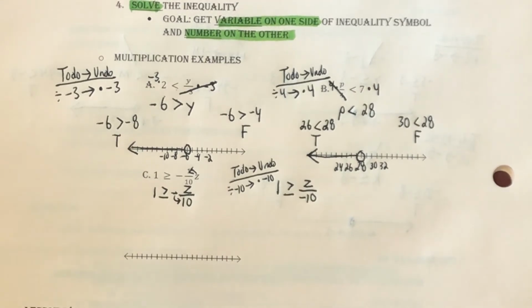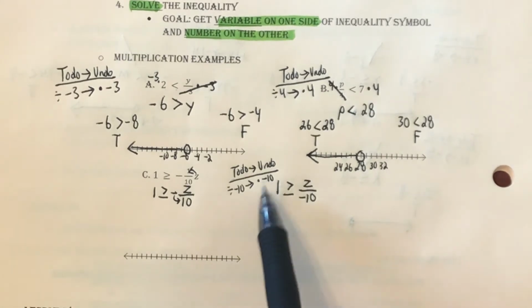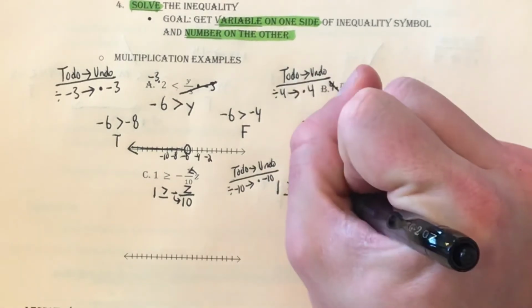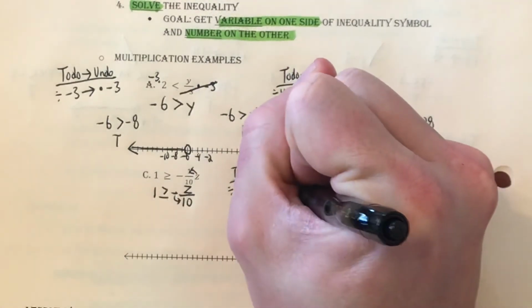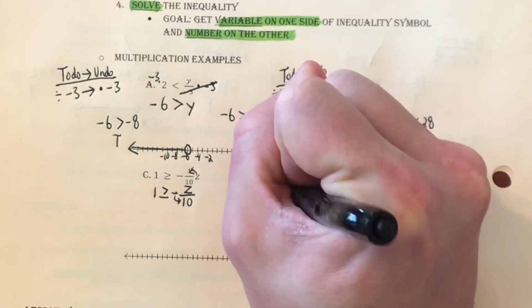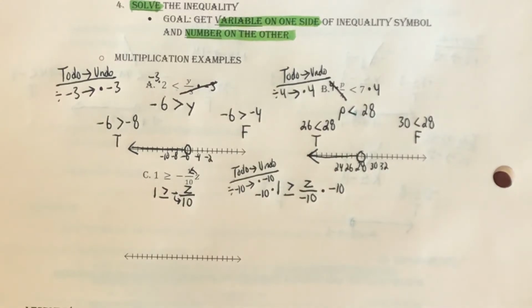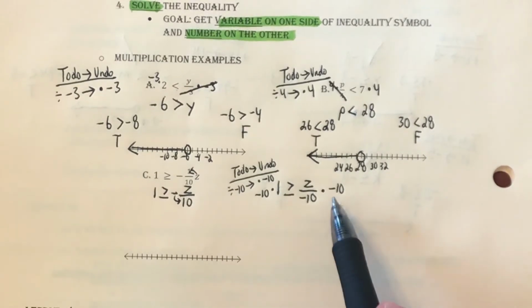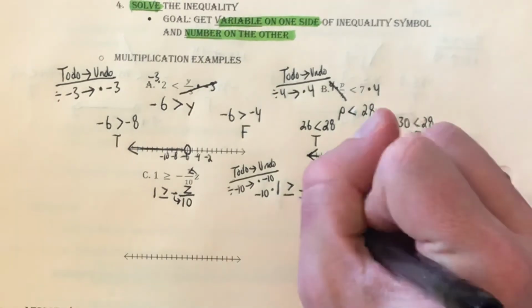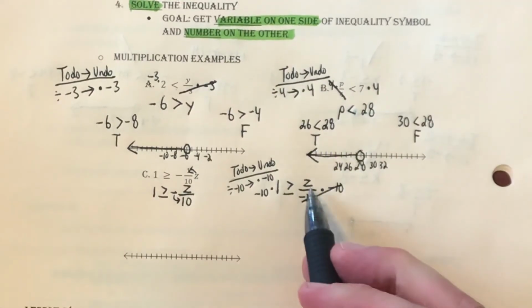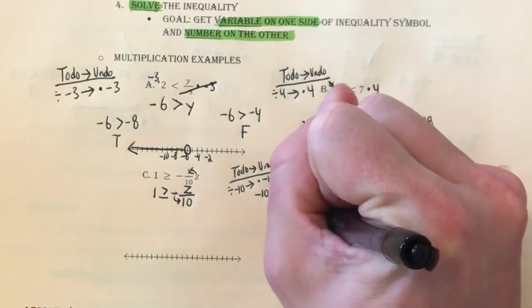I kind of ran myself in, I apologize, it's a little tight there. But my step to solve was to multiply by -10. So I'm going to multiply this side by -10, which means I also have to multiply the left side by -10. Now, when I do that, we know that when we divide and multiply something by the same number, they just cancel out, and I'm left with just the z, so I'm going to bring that down.